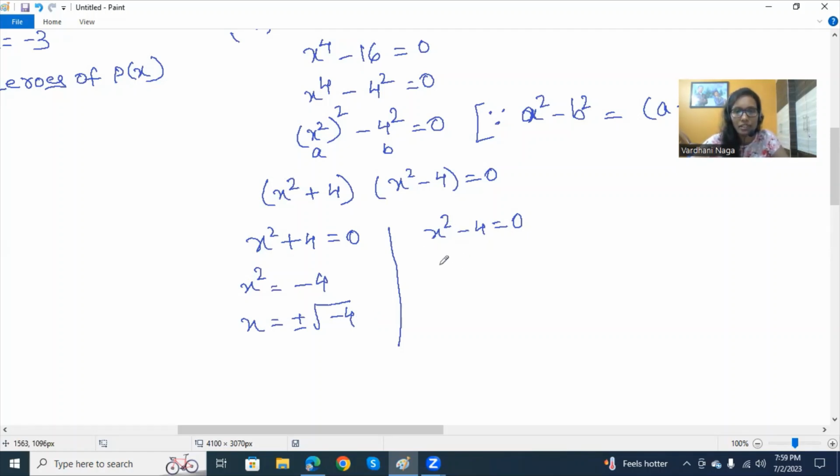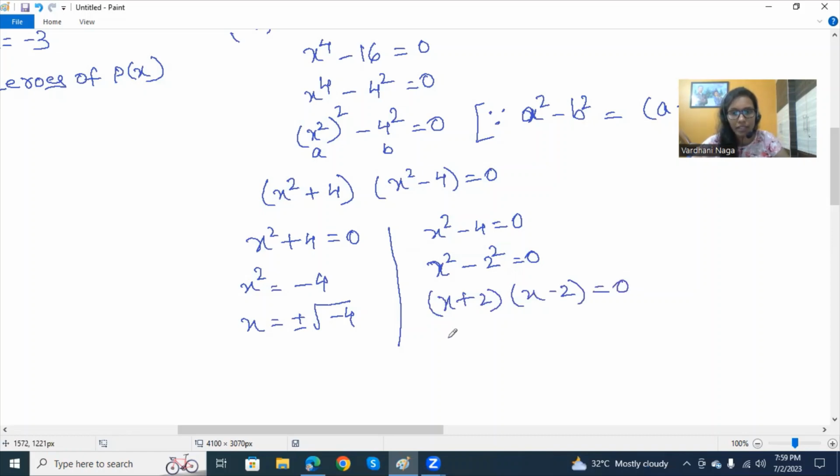Now coming to here, again we can write it as x square minus 2 square equal to 0. A square minus b square, right? A square minus b square means we can split this as a plus b into a minus b. So x plus 2 into x minus 2 equal to 0.